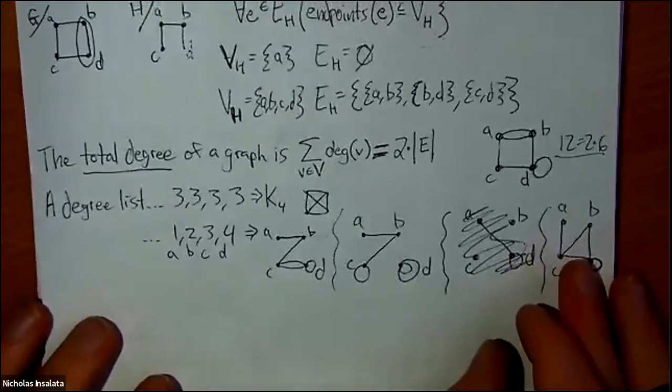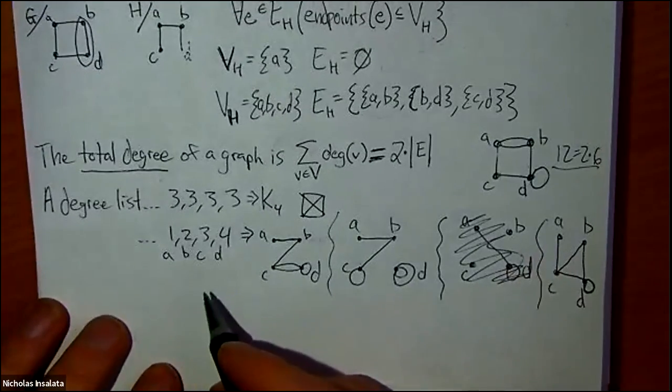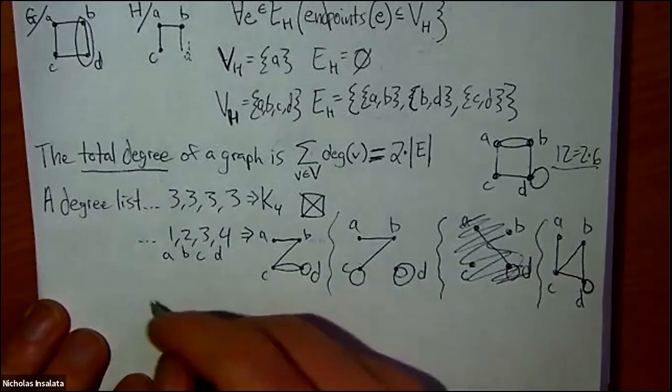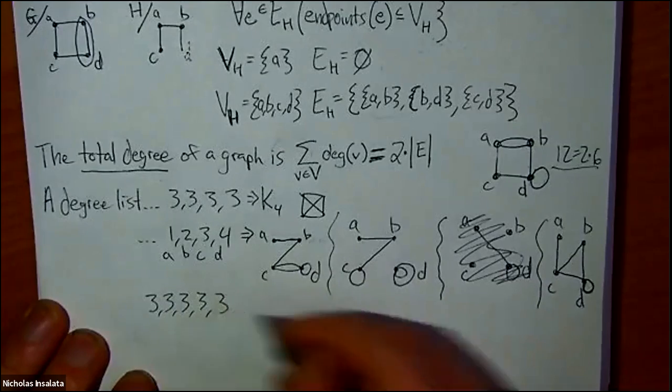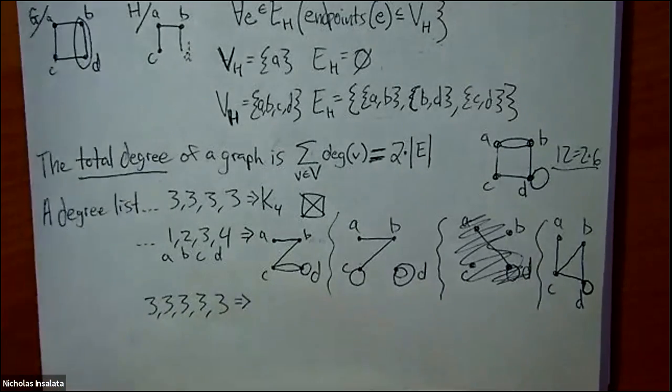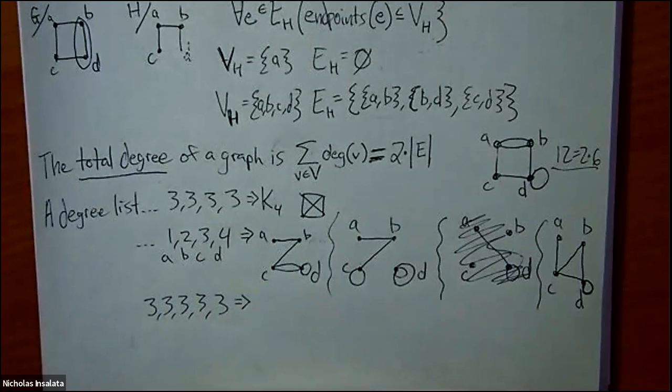What if I did this? What if I did, let's do this one. 3, 3, 3, 3, 3. I claim that that's problematic. Why?